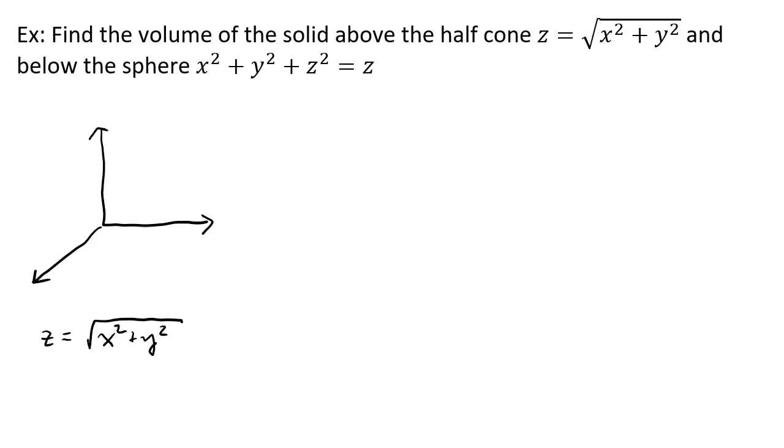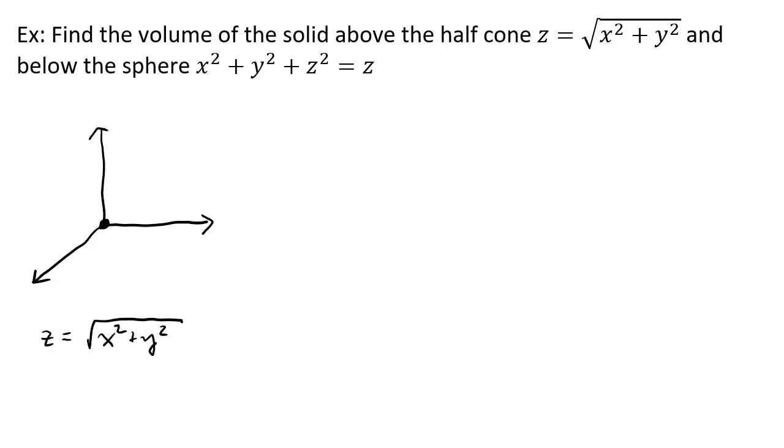And then we've got x squared plus y squared in that square root. So whatever the z value is, it's basically the radius of the circle of all of those cross sections. When z is 0, we have x squared plus y squared is 0, which is just right at the origin.